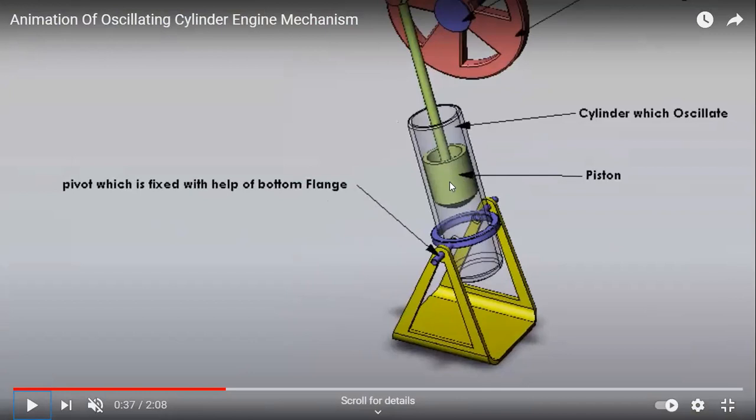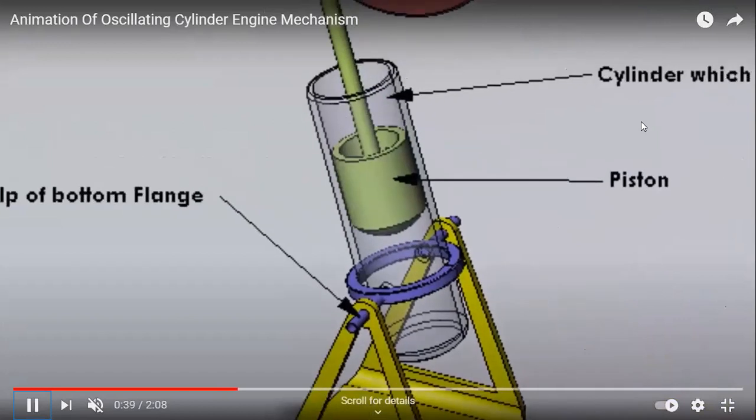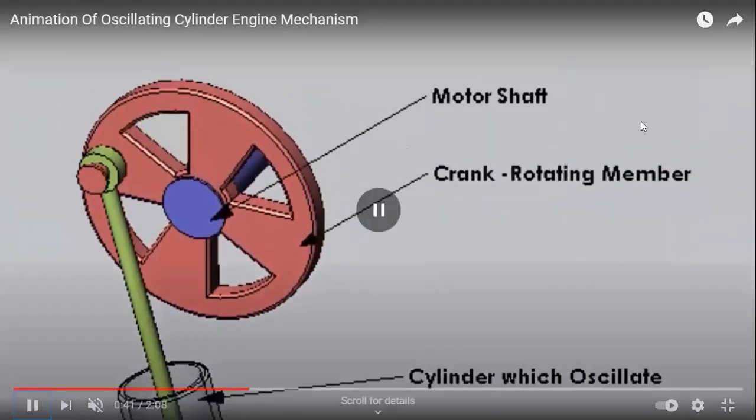This green one is the piston, which is inside the cylinder, which oscillates. So the cylinder is not in a rigid position; it is in an oscillating position. And this is the crank, and this is the motor shaft, which is connected to the crank, the rotating member.